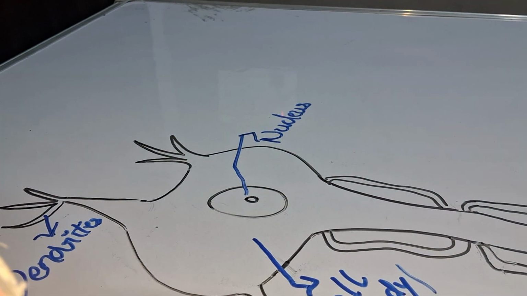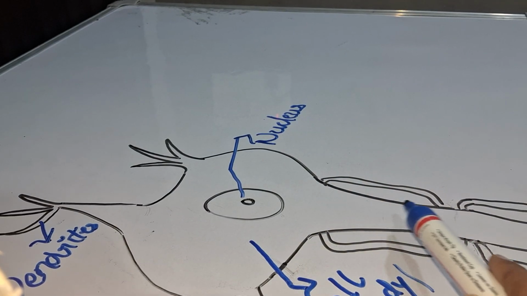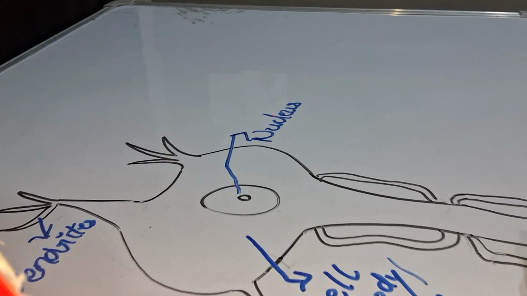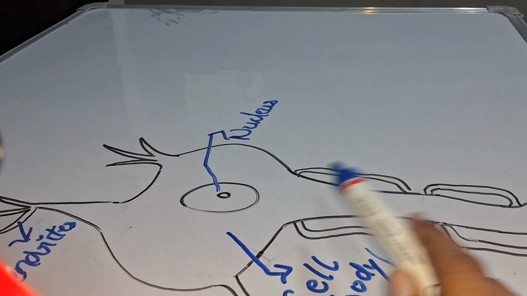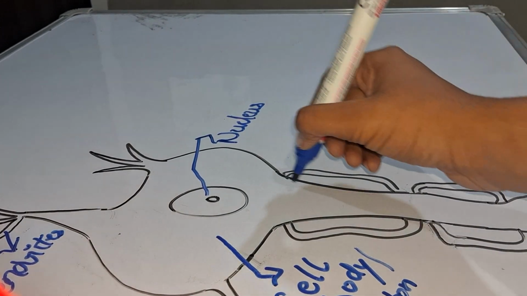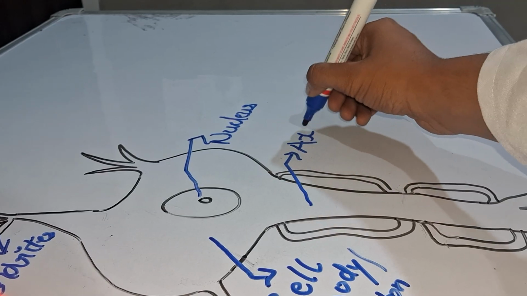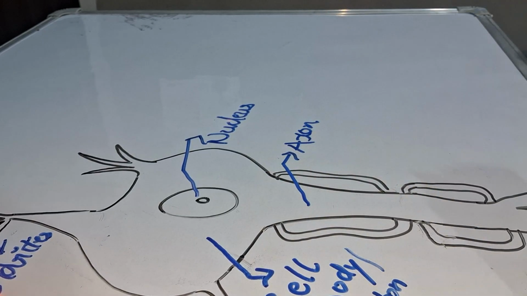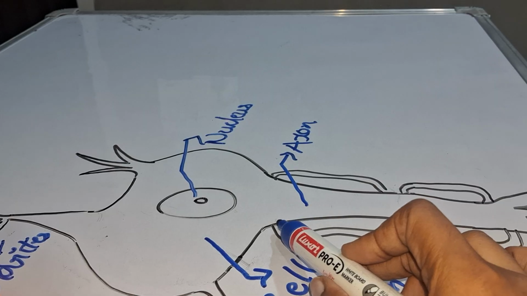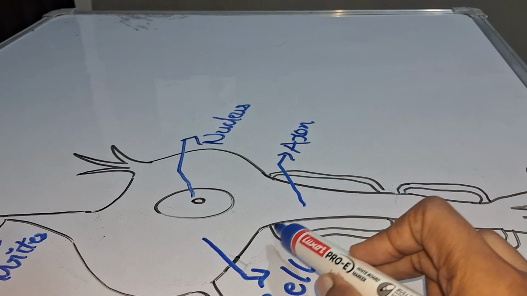Okay, and this long rod-like structure, this helps in conduction. It is known as axon. And this is the myelin sheath.